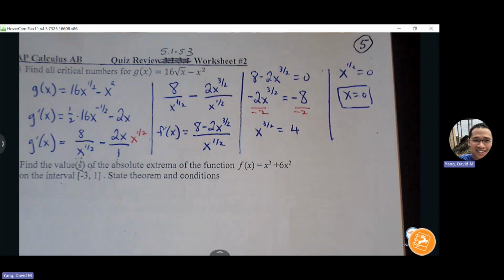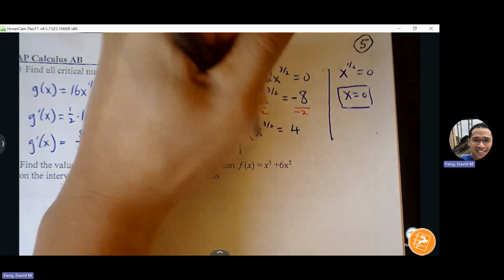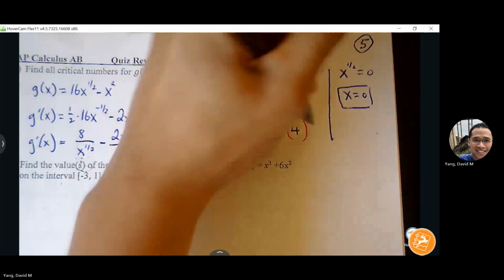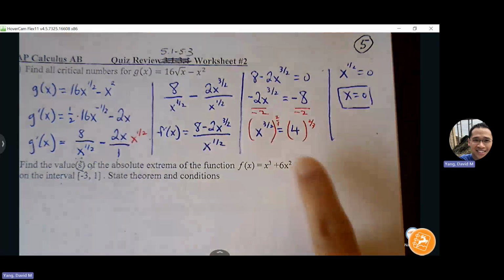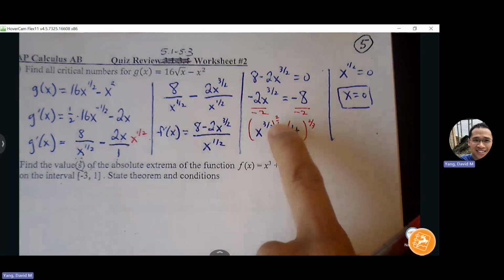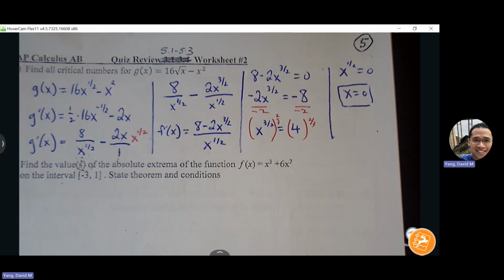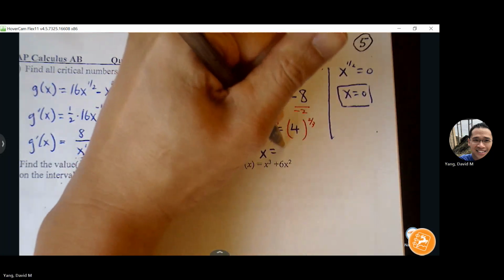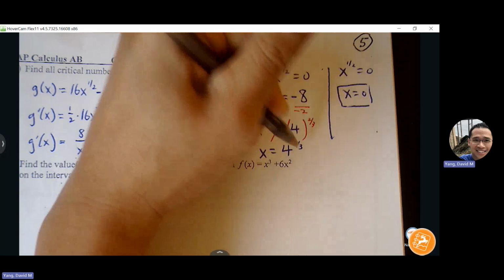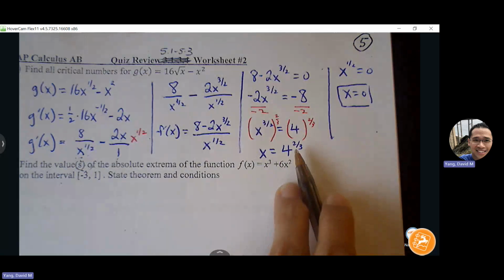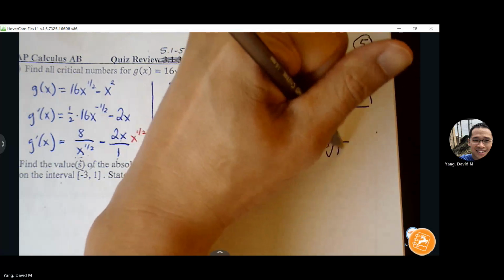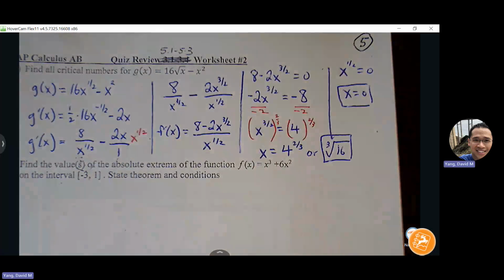The way I can undo that power to the 3/2, I can raise both sides to the reciprocal power. Because then I can get the 3/2 and 2/3 to go away, right? Because 6/6 is 1, so that allows me to transfer that exponent to the other side. And then 4 to the 2/3 is just that number. You can make it cube root of 16, or you can leave it in that form. And so we have 2 critical points, right?